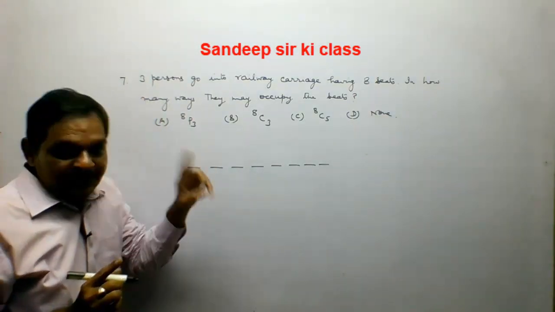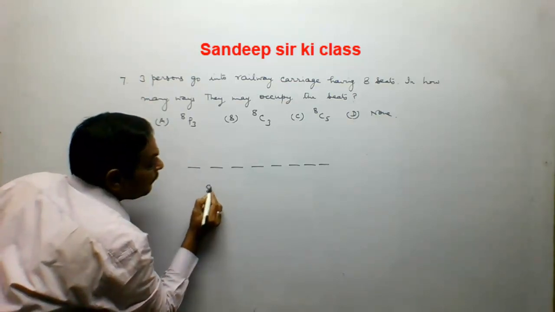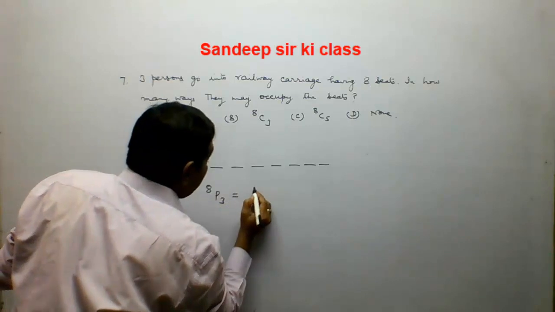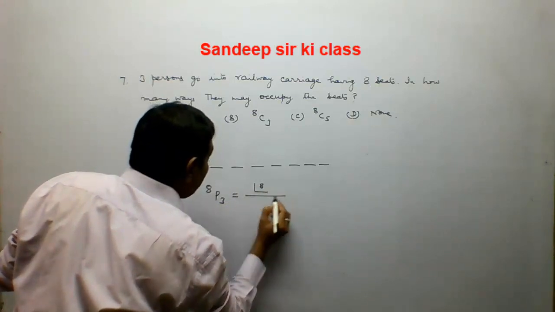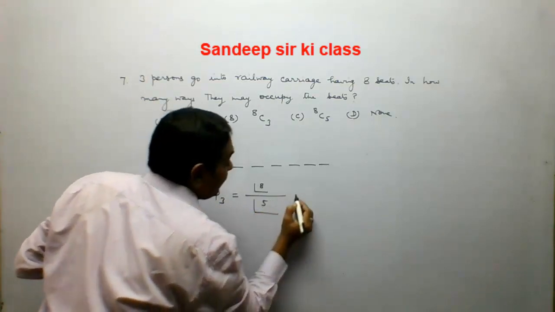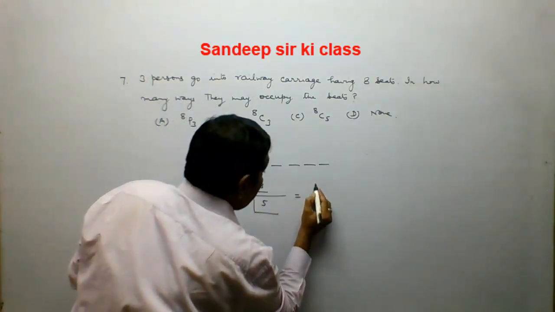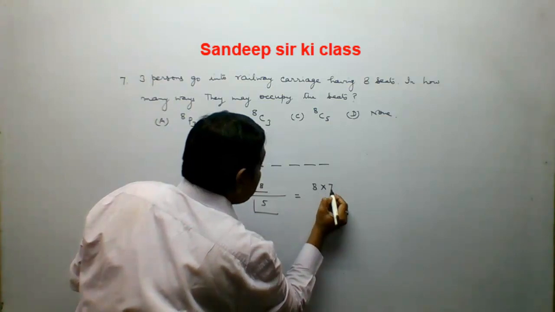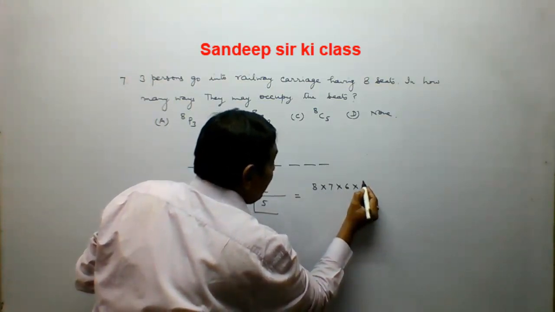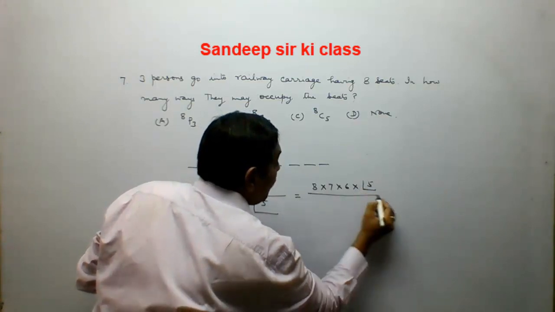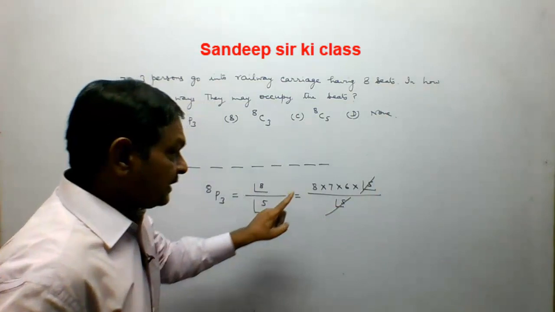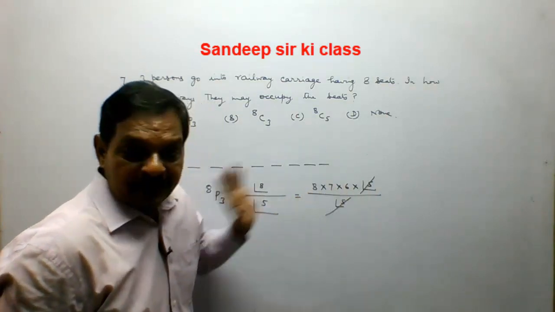This can be done by 8P3 ways, which is equal to factorial 8 upon factorial 8 minus 3, that is factorial 5. We can write it 8 into 7 into 6 into factorial 5 upon factorial 5. Factorial 5 and factorial 5 are cancelled, which is 8 into 7 into 6.